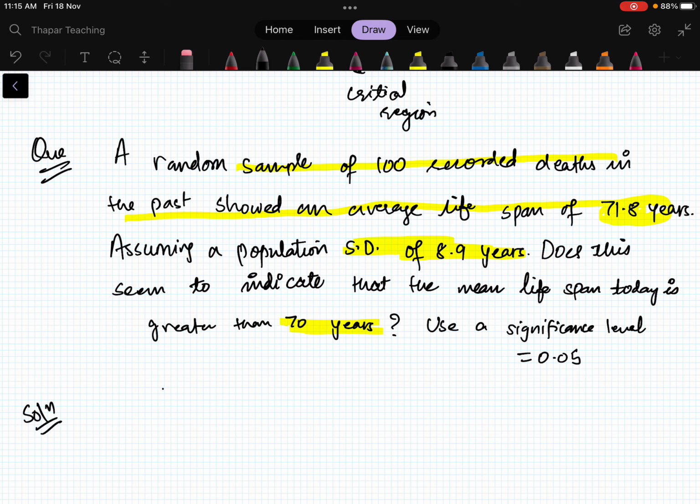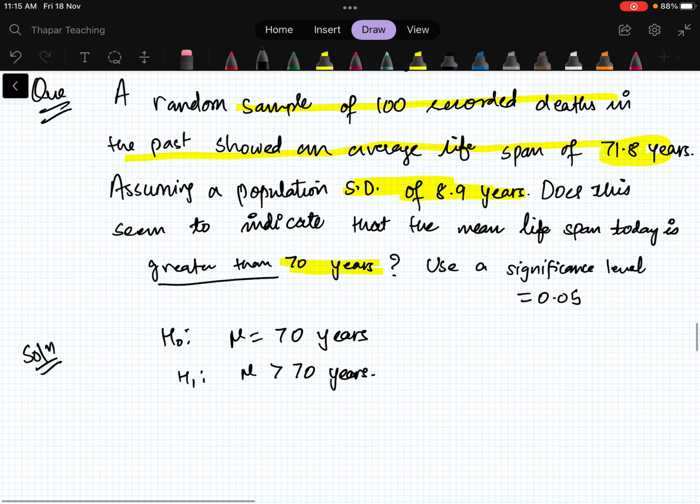Here you will again specify your null hypothesis. Say this is my null hypothesis, that the mean lifetime is 70 years. Then I have the alternative hypothesis, because we want to test whether the mean life is greater than 70, so I'll take this. Now alpha is given to be 0.05.